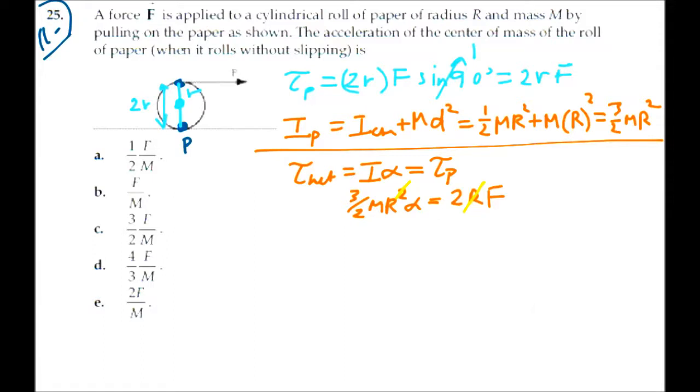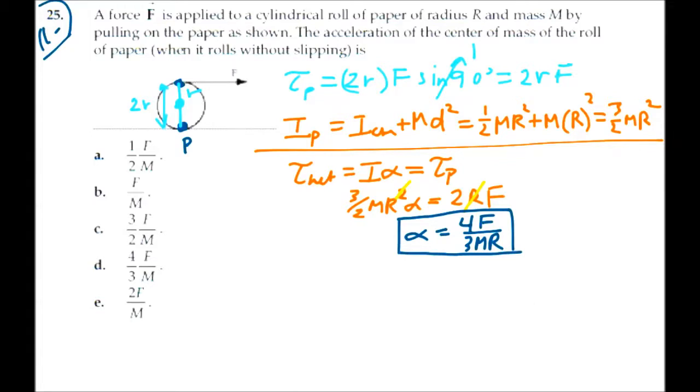So we have that the angular acceleration is 4F over 3mr. Nice to know. That's the angular acceleration for the whole disk about point P.